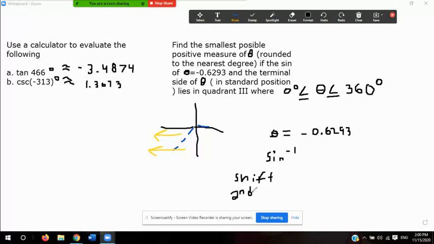So I press shift, and then I press sine, and it gives me the inverse sine of theta.